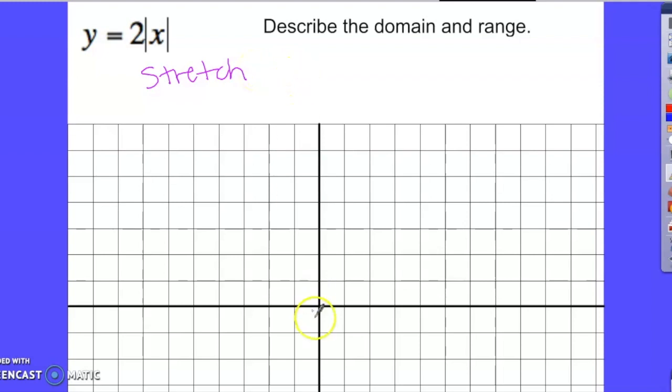So our vertex should be at 0, 0. Now this time we have a slope of 2, which means we are going to go up 2, right 1. And then we're going to reflect that point over that dashed line that I just drew.